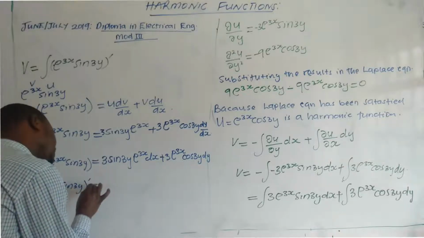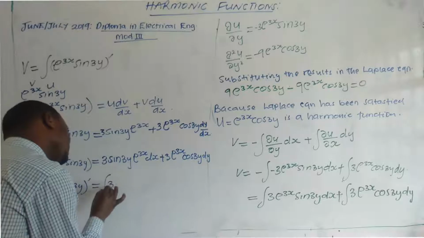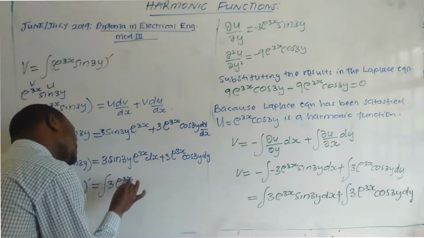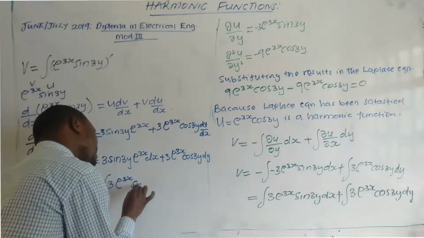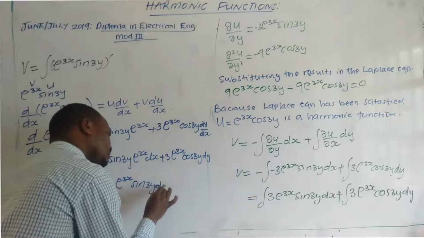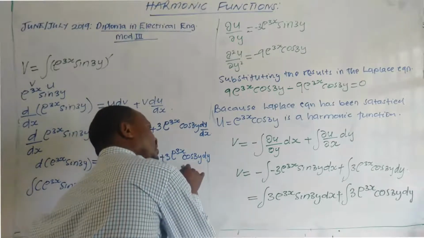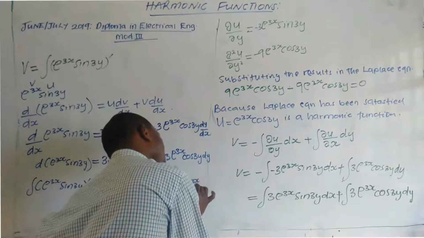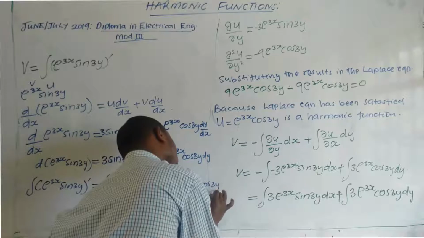Is equal to, we want to integrate both sides. The integral of 3, let me start with exponential 3x, exponential 3x sine 3y dx here, plus the integral, here you have 3 exponential 3x cos 3y dy.